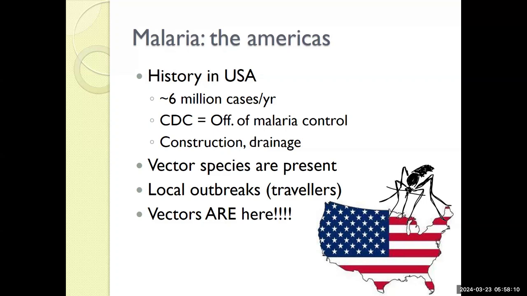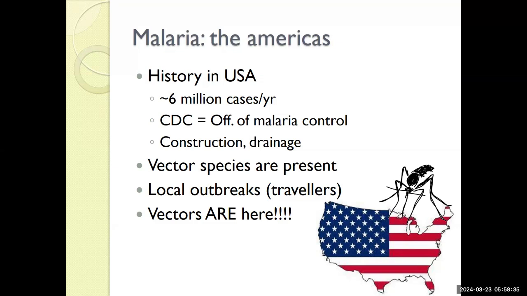The Center for Disease Control was actually created and originally titled the Office of Malaria Control. Its vision was to combat malaria first and foremost. And once it was able to do that through construction, drainage, and civil engineering, it was rechristened the Center for Disease Control to then tackle other infectious agents.